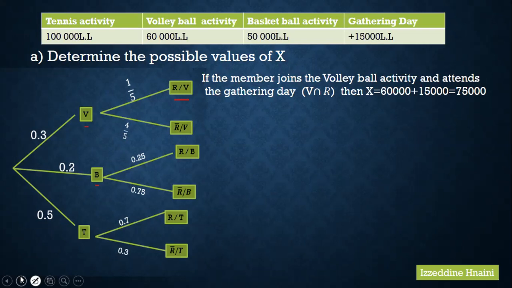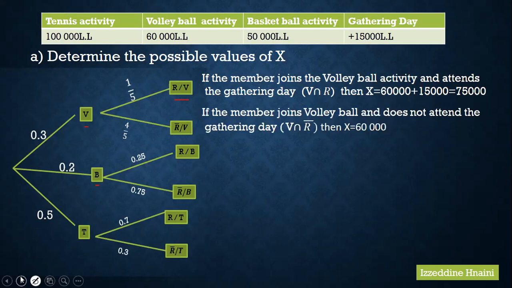So the first value of X is 75,000. The member may join the volleyball and not attend the gathering day, so he only pays 60,000 for the volleyball. So the second value of X is 60,000.